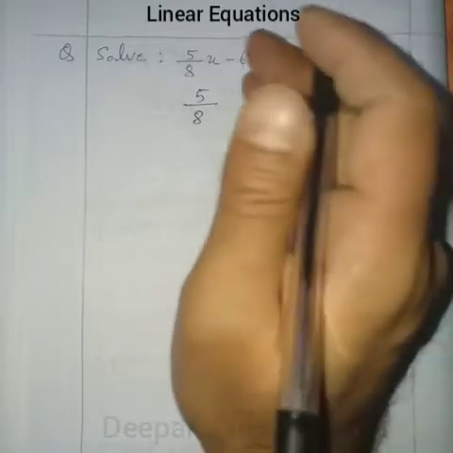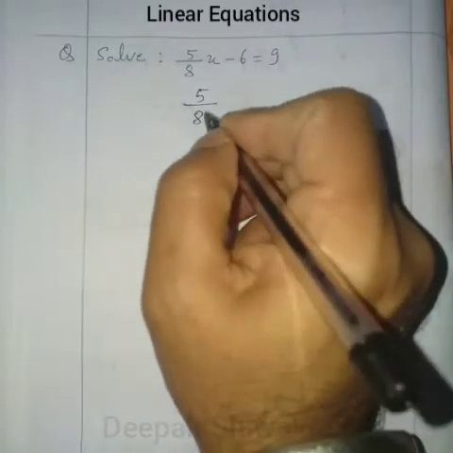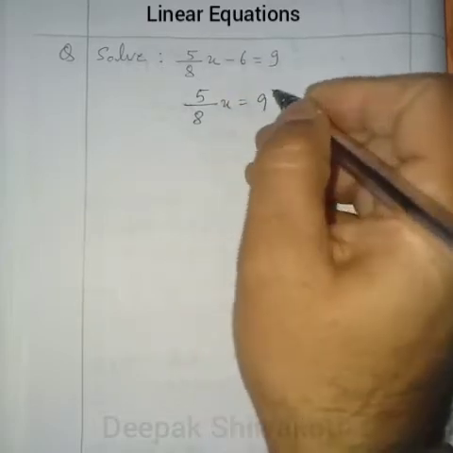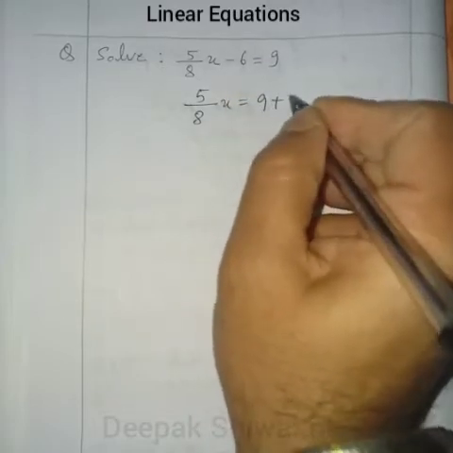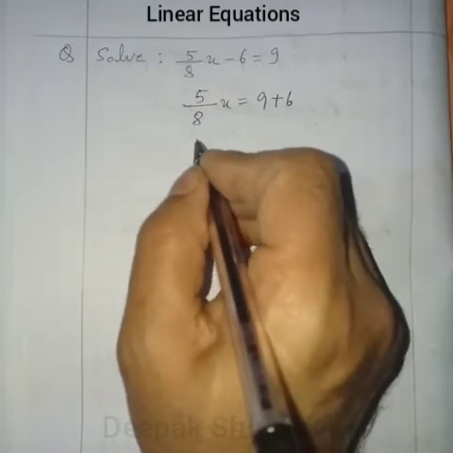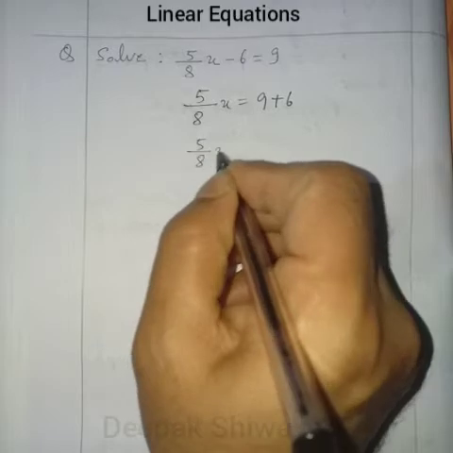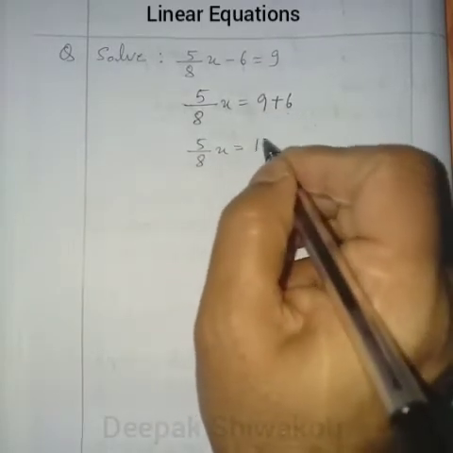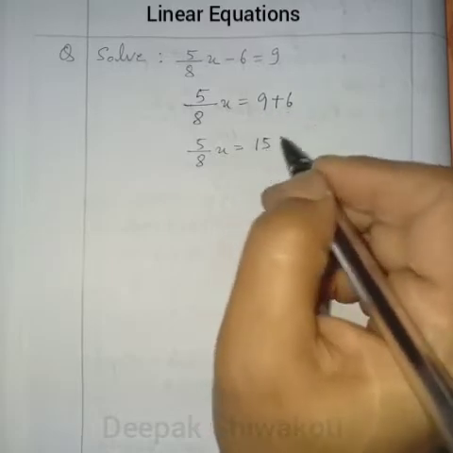That is constants. So 5 by 8 x, here is 9, minus 6 will go this side and it will become plus 6. Okay, 5 by 8 x will be equal to these two together. When you add, we get 15, 9 plus 6, 15 here.